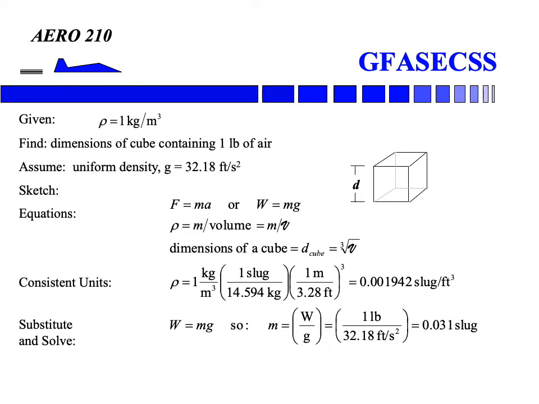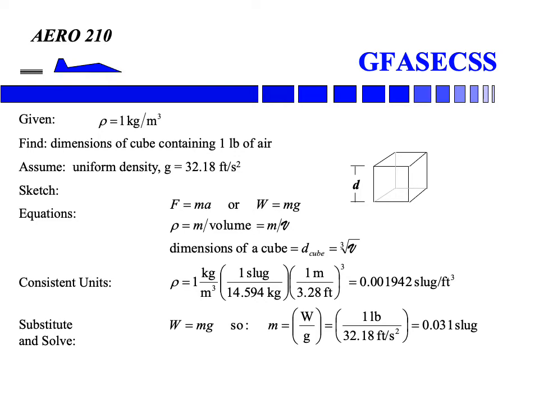We're told to find the dimensions of the cube containing 1 pound of air. And we must assume that the density of that air is uniform, otherwise we can't really work the problem.